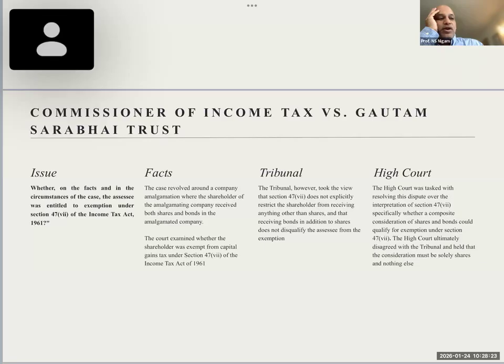This is note number 25, Commissioner of Income Tax versus Gautam Sarabhai Trust, Gujarat High Court, 1988. I'm going to give you 10 minutes. I want to come back at 10:40. I want you to tell me on what basis the High Court came to a decision of this sort. Yeah, 10 minutes. I'll be back in 10 minutes.